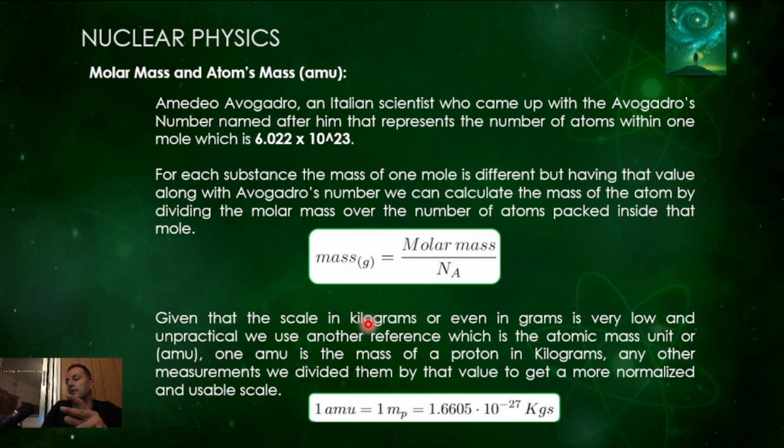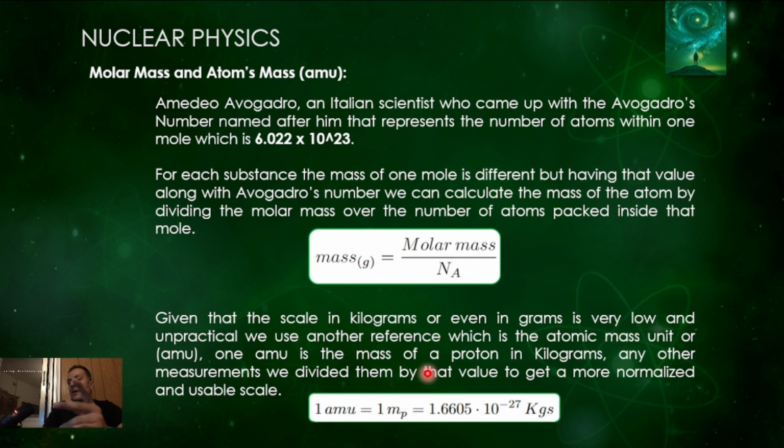Given that the scale in kilograms, or even in grams, is very impractical, it would give you very small numbers with huge negative powers, 10 to the power minus 27, as you see here. That's why it is better to use another scale or reference, which is called the atomic mass unit.